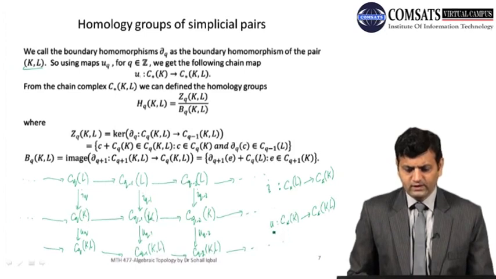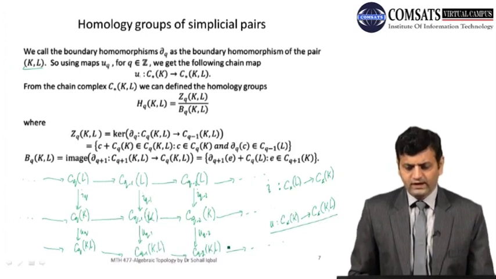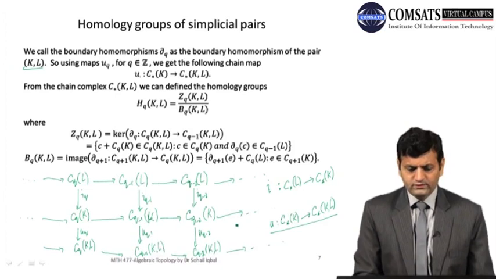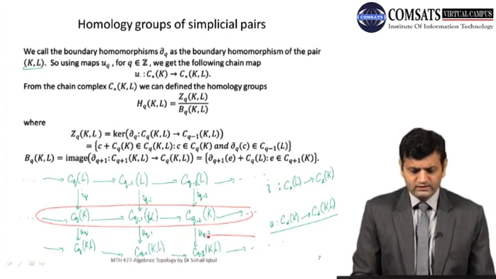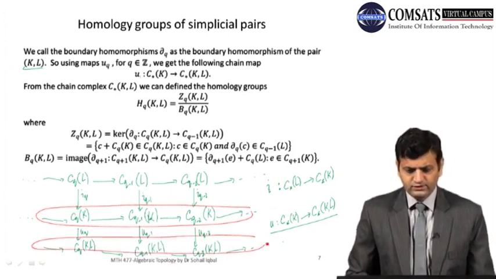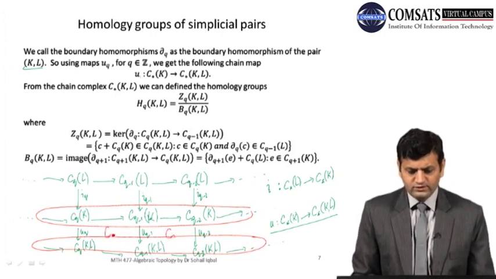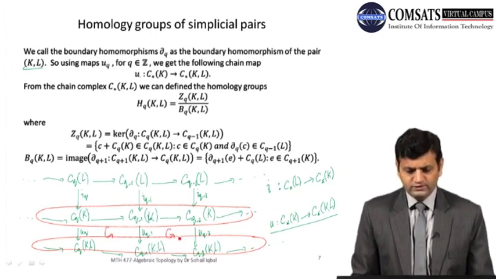So we can define this chain map from C_star K to C_star (K,L), and why is this a chain map? Because we know that this is a chain complex, and this is a chain complex, we have already shown, and this portion is commutative, we have already shown that.